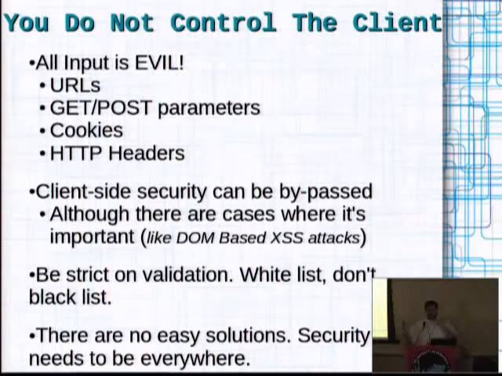It's a constant battle to fight with users and product owners as to how strict you want to be and how lax you want to be, because the stricter you are, usually the less user-friendly you are, but also the more secure you are. So it's always a balance, and you have to find the right balance for your product. But as a general rule, whitelist, don't blacklist. So come up with a list of things: we accept these, and everything else is bad. Because if you go the other way, there's always something else to add to a blacklist.